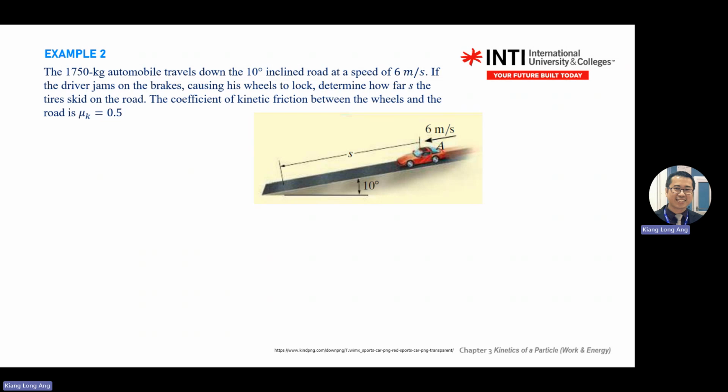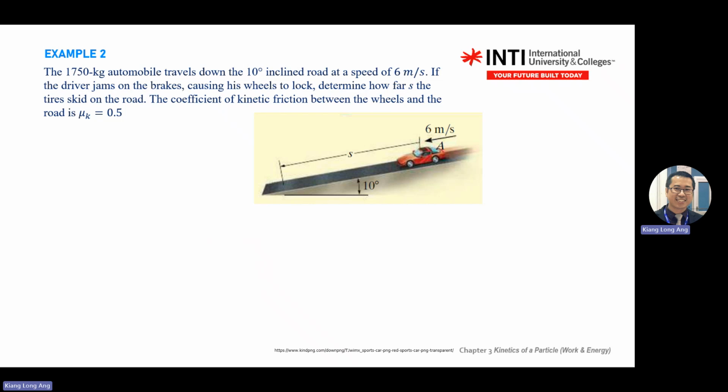Okay. So if you see this kind of question, how do you know this is a chapter 3 question? You're given a coefficient. Of course, coefficient can be chapter 2, but how do you know this is a chapter 3 question? It always asks you what is the velocity before and after. Then it's a chapter 3 question.